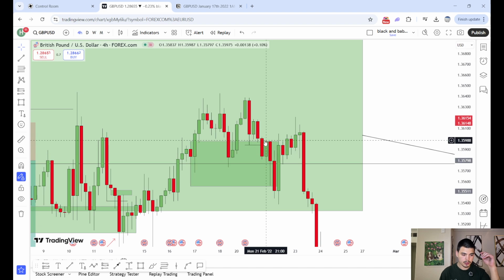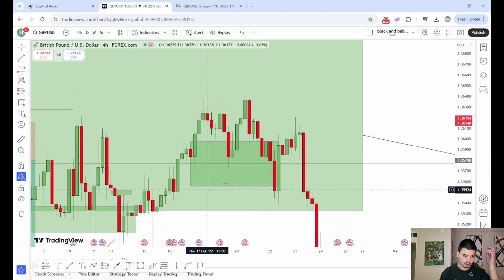And at this point, this is not necessarily displacement in my opinion, but it is a confirmed market structure shift bearish. You have price closing below these up close candles, but again, it's within this order block. At this moment, you can see it closes below that order block.